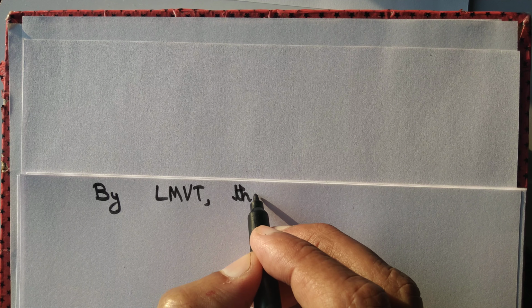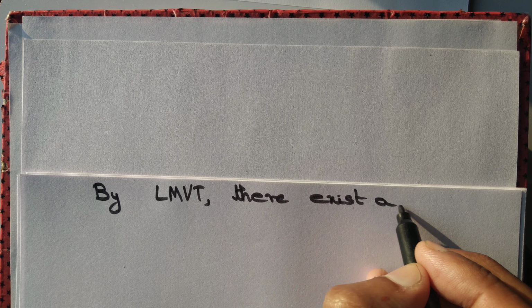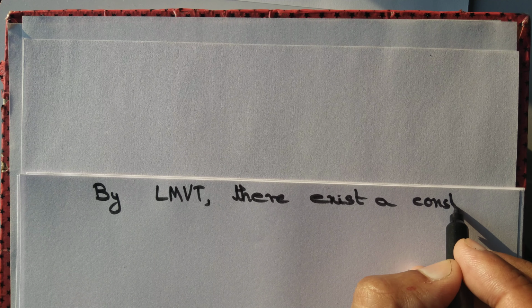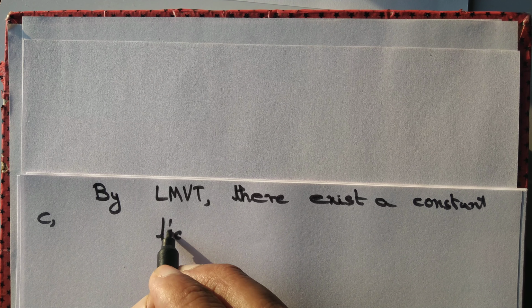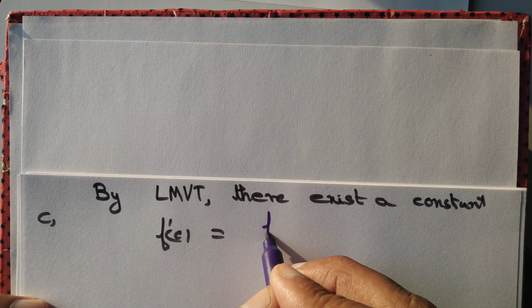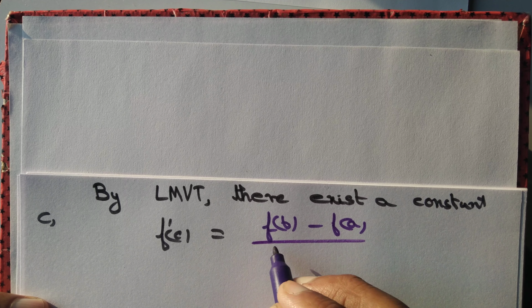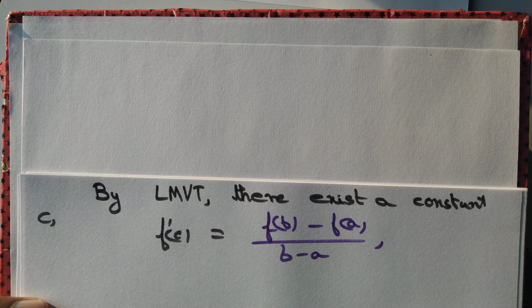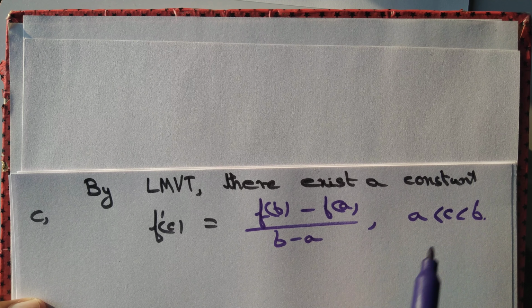Once again, by Lagrange mean value theorem, or LMVT, there exists a constant c such that f dash of c equals (f of b minus f of a) divided by (b minus a), and that c is greater than a and less than b.